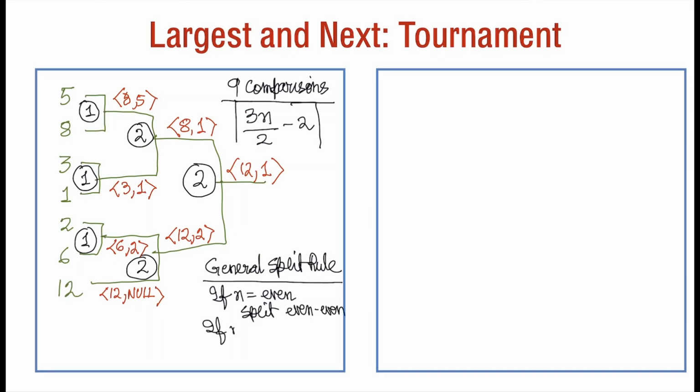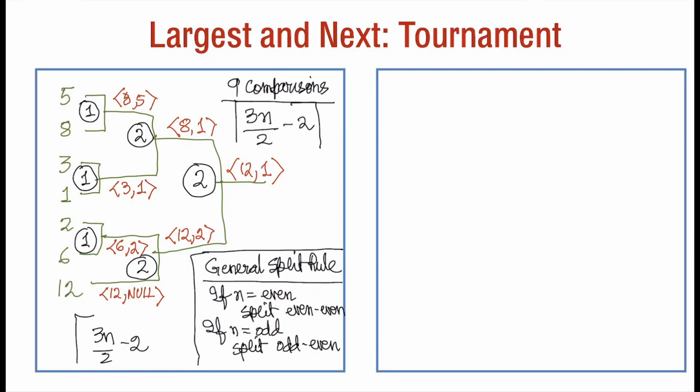If n is odd, split odd, even. And this generalized split rule will again yield the same formula of 3n by 2 minus 2 in the worst case.